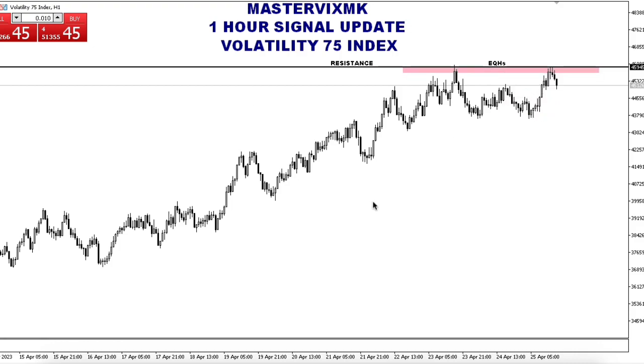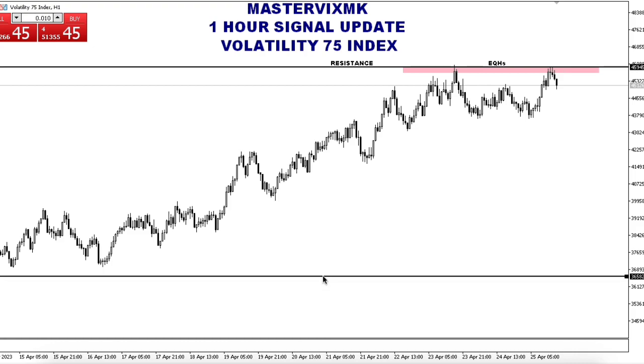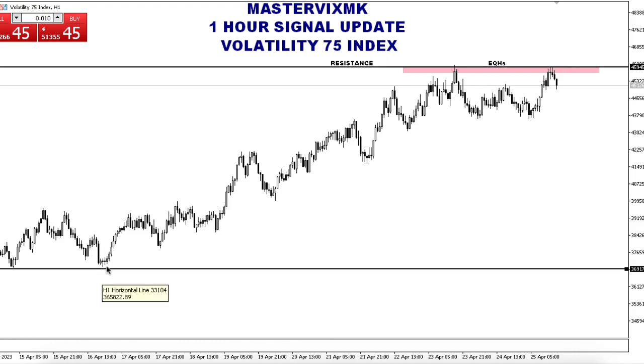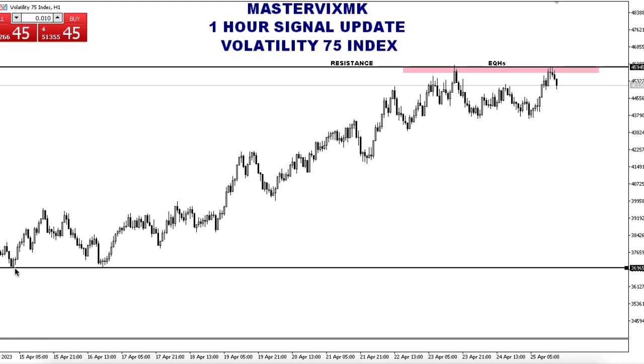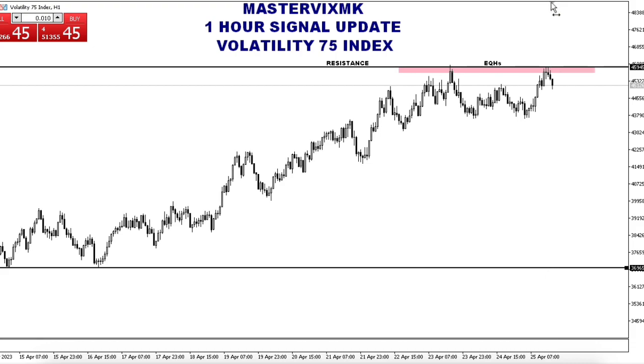So now what we're gonna do is take the horizontal line and check for our support, where we know the market might go to from our resistance. So this is our low, a double bottom. We have a double bottom, equal lows at the bottom of the horizontal line.